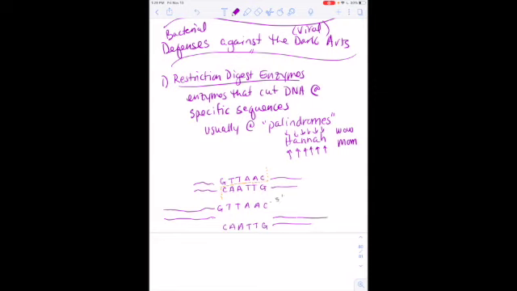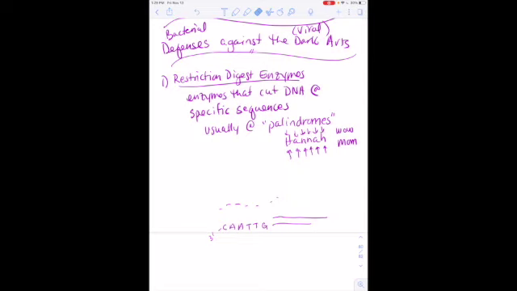And this will be like a 5' end and the 3' end, like that. And it'll cut it so that it won't be double-stranded anymore, like that. So for example, I'm going to move this out of the way.